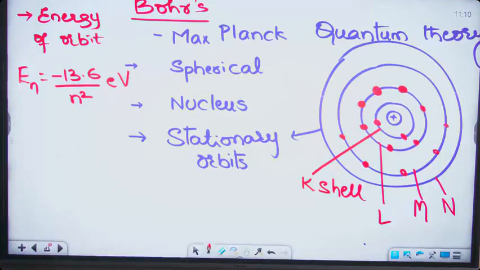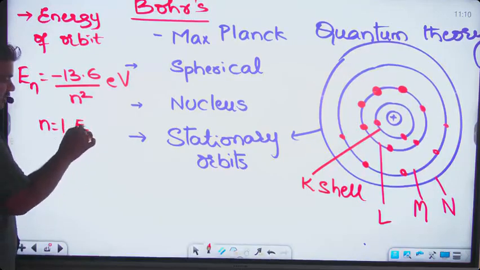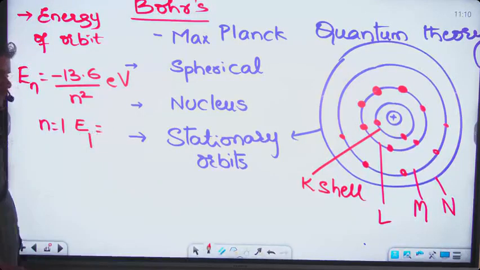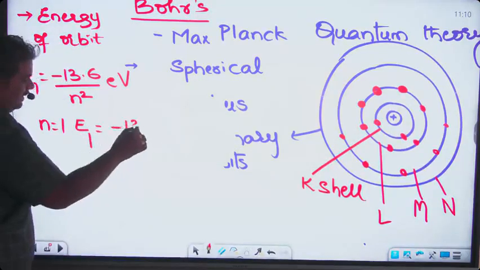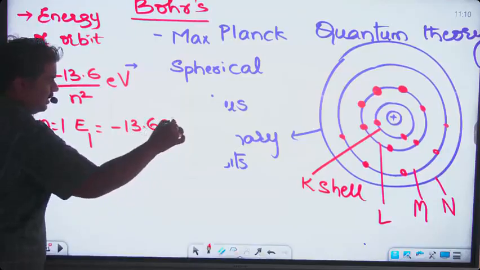Now suppose you take n equal to 1. Then what is the energy of the first orbit, what value does E1 come to? Minus 13.6 electron volts.